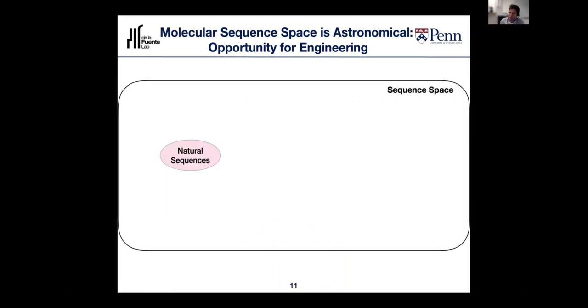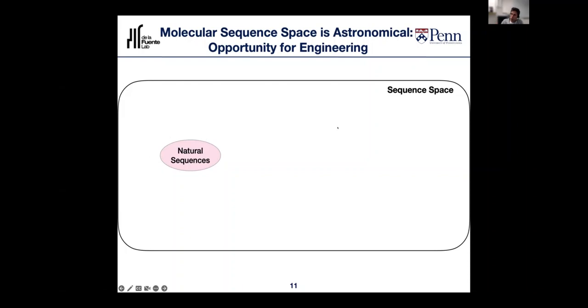And to make things even more complex and therefore more interesting from a scientific perspective, through billions of years of evolution, every molecule that has been explored throughout the evolutionary process, we can fit it into this little pink oval, and all these white areas that I'm showing here remain unexplored.